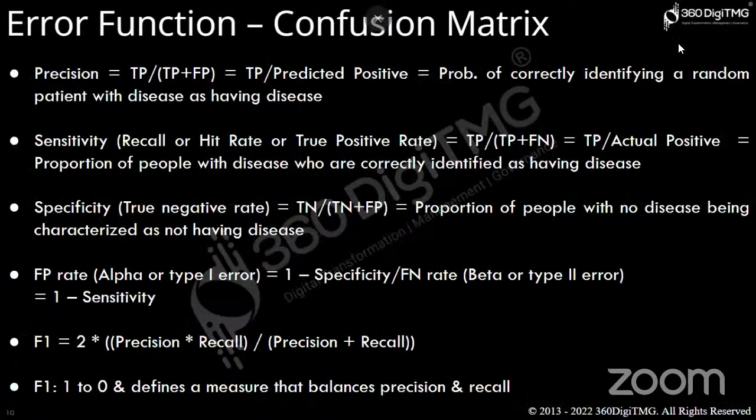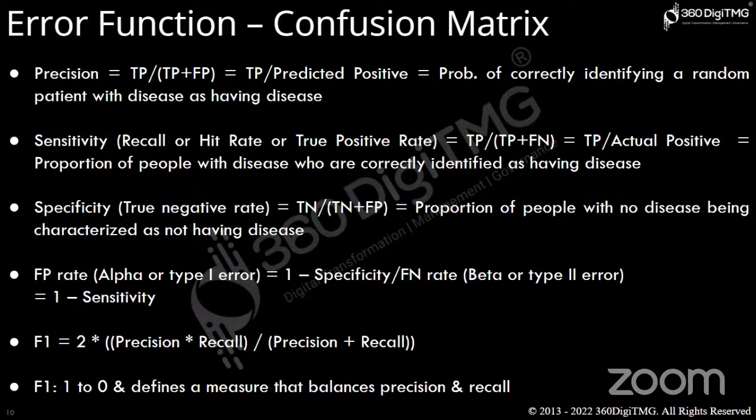So we can see, if I am just concentrating on true positive values, I want to find if the disease is there, then I am predicting that there is a disease. This probability calculation is known as precision. How do you calculate it? We take true positive values divided by true positive plus false positive values.